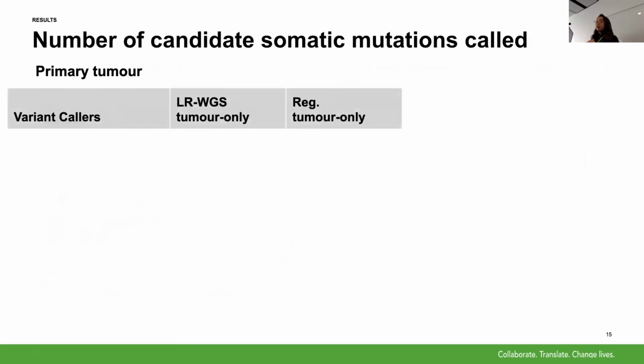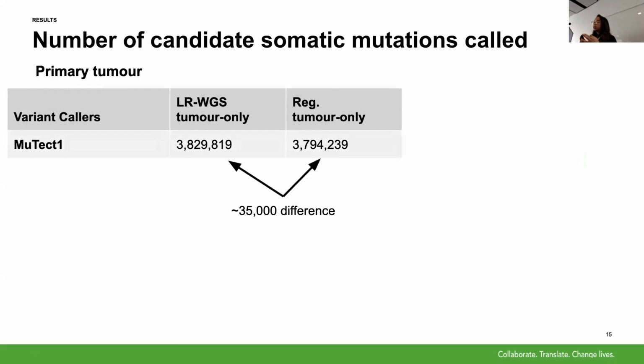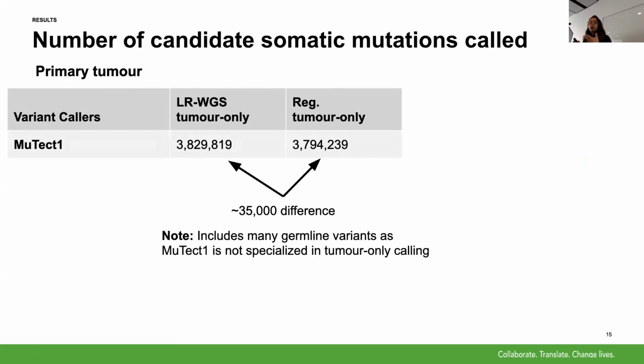So we analyzed the number of candidate somatic mutations called in these different modes with these different data types. So we see that in the tumor-only mode, for the linked read whole genome sequencing and the regular, it's about 3.8 million. With the linked read whole genome sequencing tumor-only mode having about 35,000 more candidate somatic mutations. Mutect2 isn't actually built for tumor-only calling, so we do expect this high false positives, and a lot of this is probably germline variants.